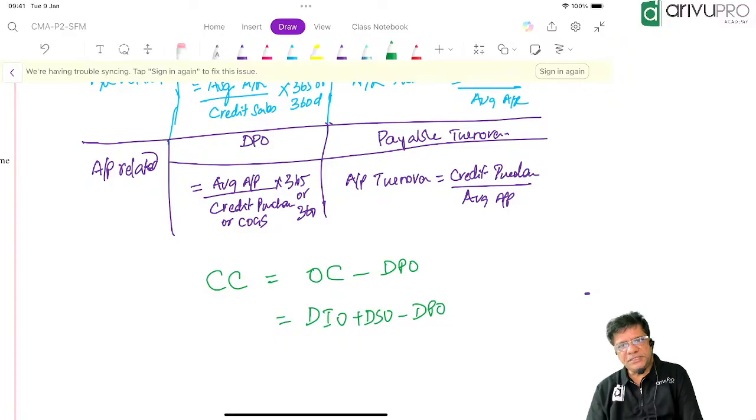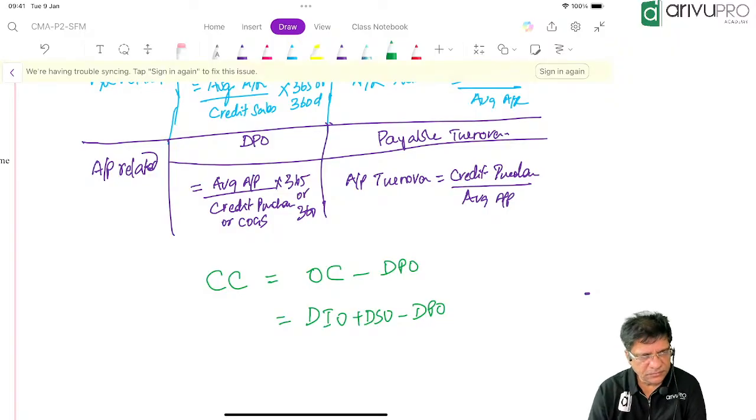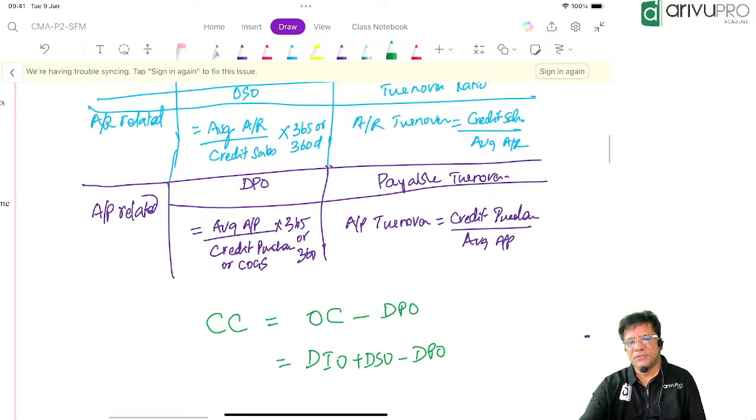If we deduct DPO, then it will be cash cycle. DPO is not the cash cycle. To arrive at cash cycle, we must deduct DPO. DPO stands for days payable outstanding.